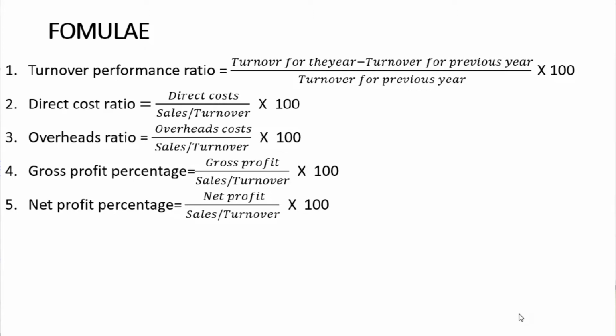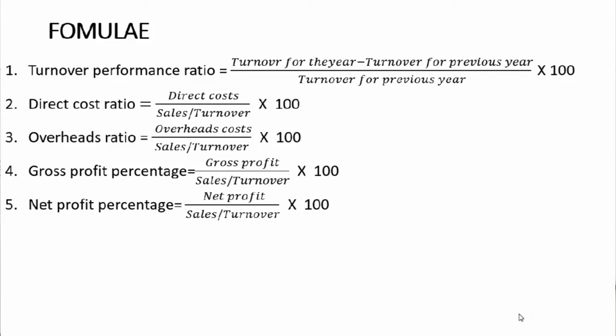The formula for the direct cost ratio says direct costs divided by the turnover or sales for the year, multiplied by 100. To calculate the overhead cost ratio, the formula says the overhead cost divided by the sales or turnover for the year.